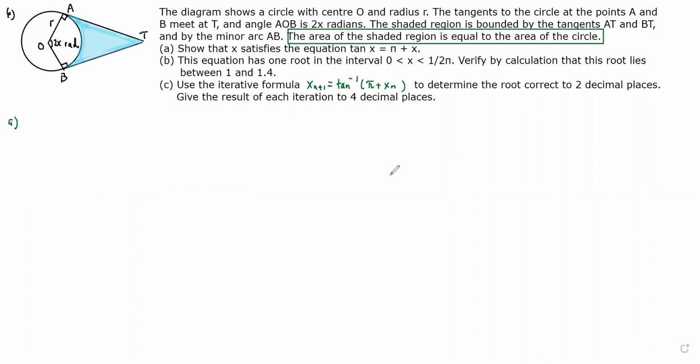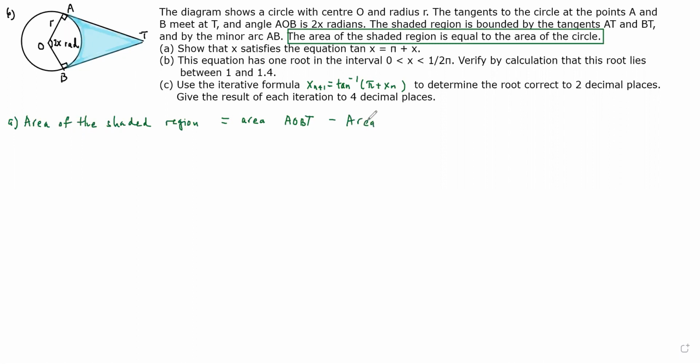Now to find the area of the shaded region, this area here, it is given by the area of the quadrilateral AOBT, this entire part, minus the area of the minor sector.